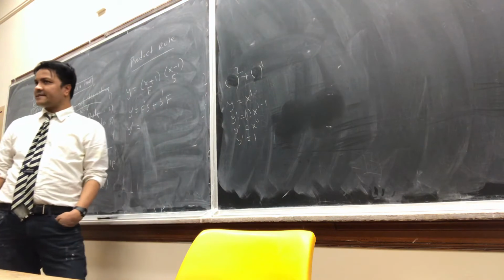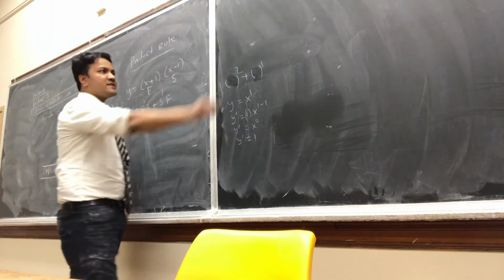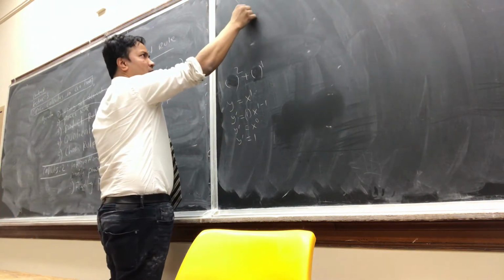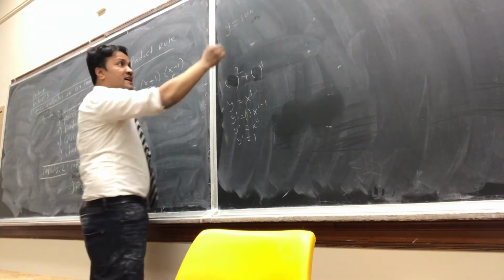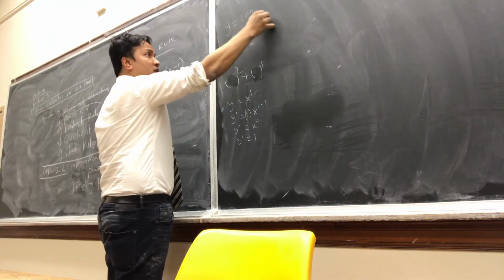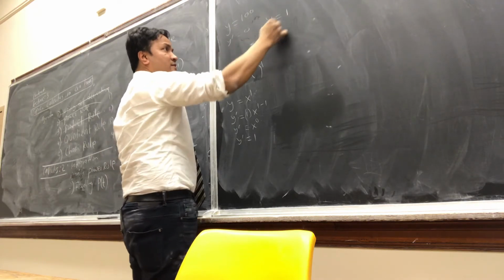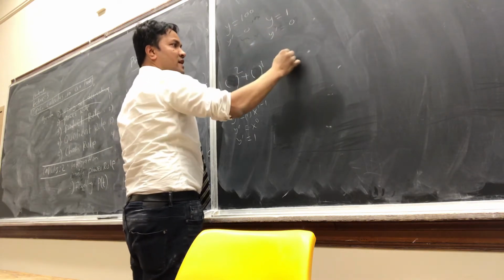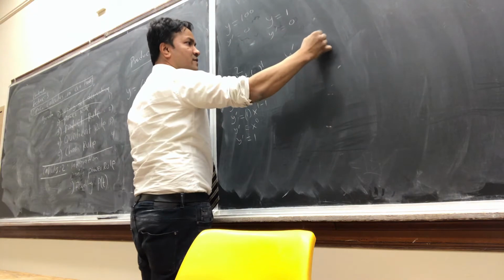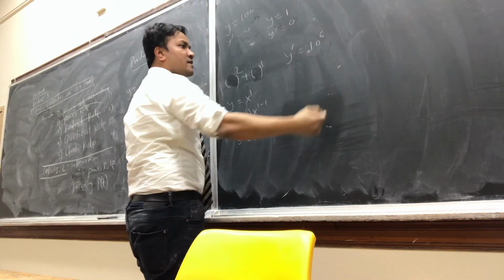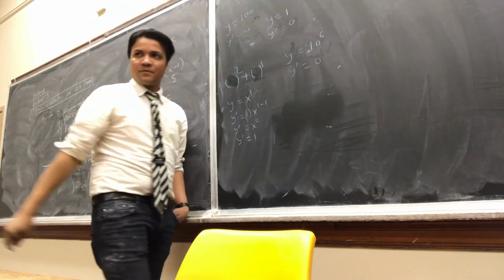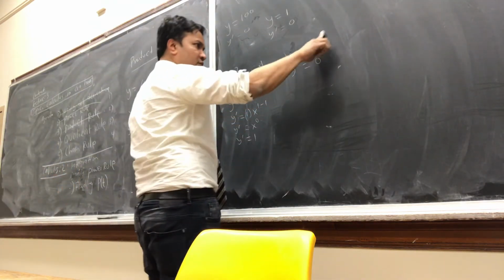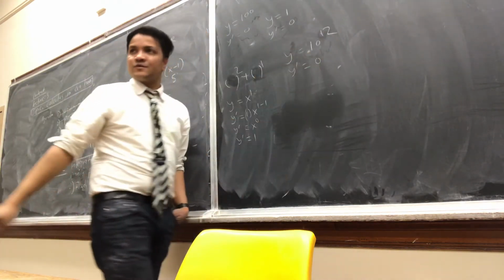We understand that, right? Now, by definition, the derivative of a constant is 0. If y is 100, y prime is 0. If y is 1, y prime is 0. If y is 1 million, y prime is 0. What about 1 trillion? 0.